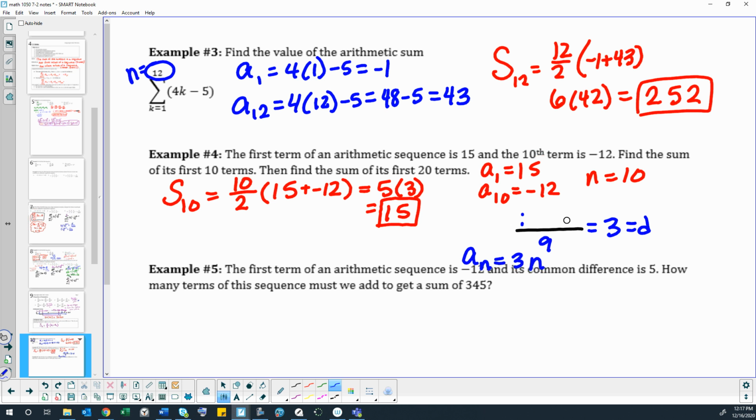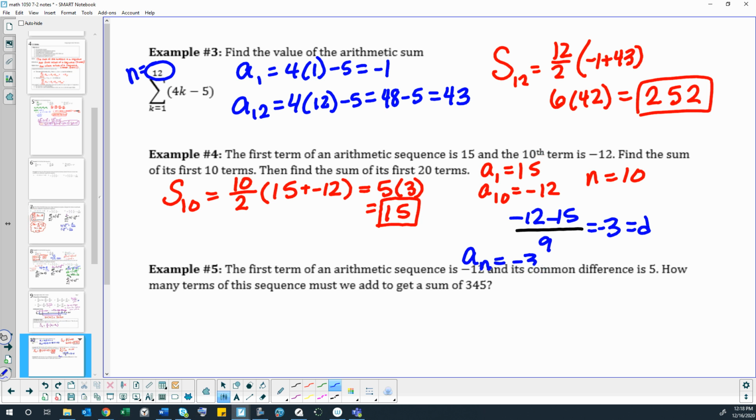Technically, we should have started with the number that is further down the line, so the negative 12, and subtracted the 15, which means it would have been negative 27, which gives us negative 3. It's always good to stop and make sure what you're doing makes sense. If I'm going from a positive 15 to a negative 12, I'm subtracting 3 each time, not adding. So d is negative 3. Do you see how I found my mistake?